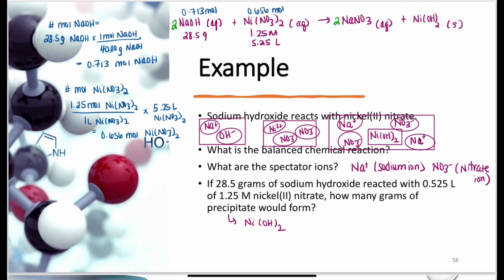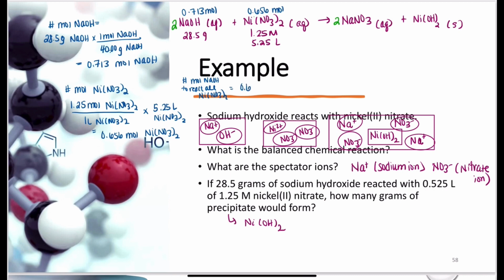Again, I can't just compare those number of moles to each other though. Students are naturally going to tell me that nickel 2 nitrate is the limiting reactant because there's less moles of nickel 2 nitrate. But the reaction is not happening in a 1-to-1 ratio. So I need to see how many moles of NaOH do I need to react all of my nickel 2 nitrate.